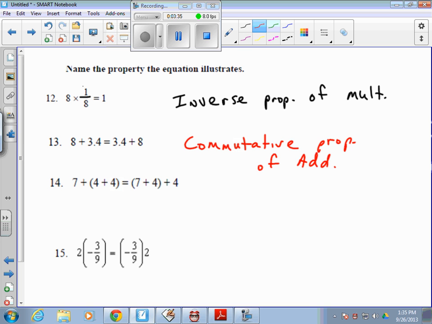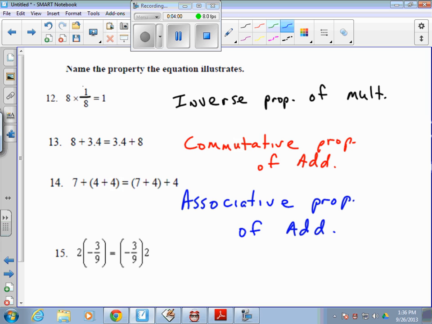7 plus 4 plus 4 is what I meant to say, not 4.4. But all that happens right there is the parentheses move from 4 plus 4 first to 7 plus 4. The parentheses move, or the groups move. The association changes. So that's the associative property. And again, it's of addition.